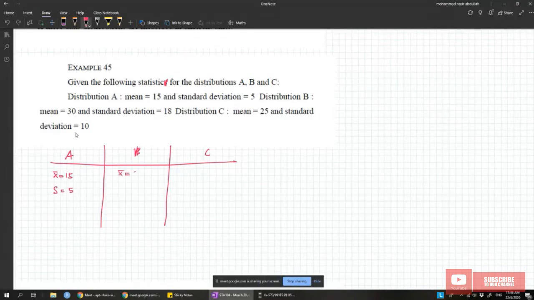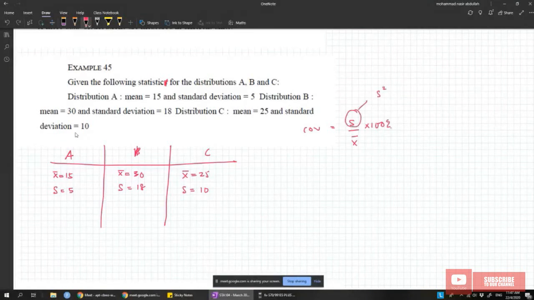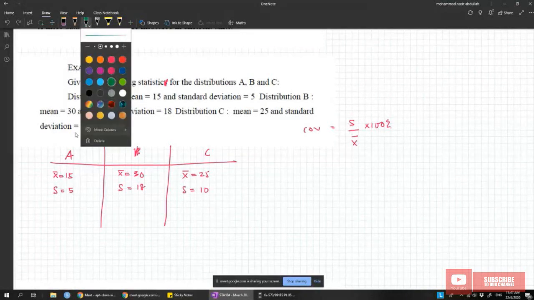Distribution B has mean equal to 30 and standard deviation equal to 18. Distribution C has mean equal to 25 and standard deviation equal to 10. Remember, in coefficient of variation, we need to find standard deviation divided by mean, multiplied by 100%. Don't confuse standard deviation and variance. Variance is S squared. We want standard deviation only.